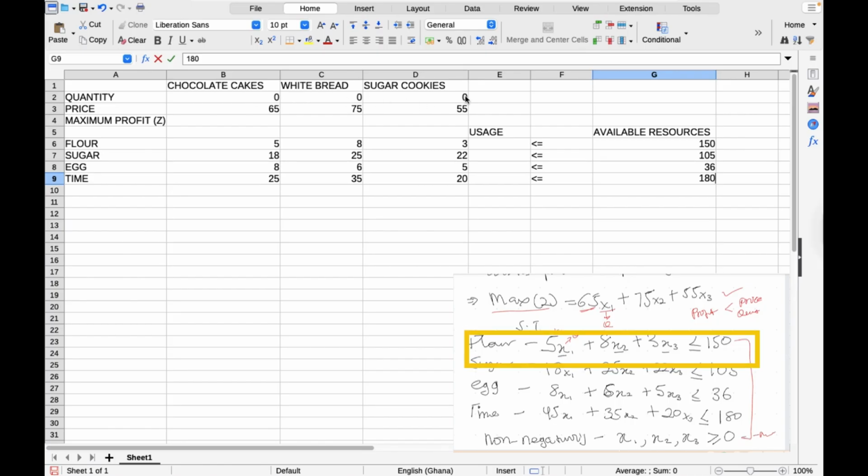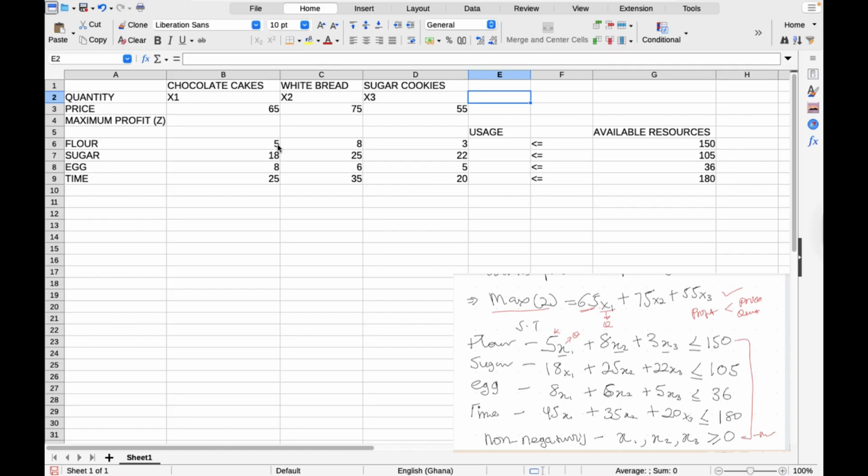So we say the 5 multiplied by the number of things they were able to produce, plus this 8 multiplied by this. The same happens for everyone here. This represents x1, this represents x2 and this represents x3. These are the quantities that we produce.